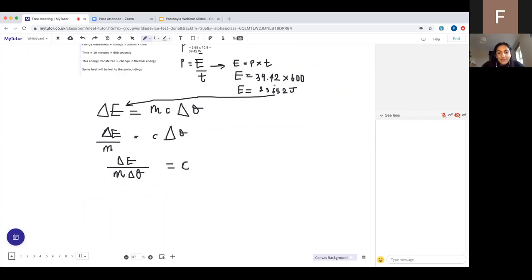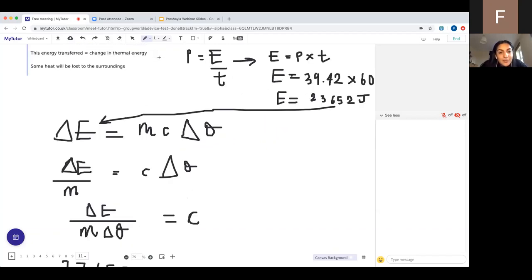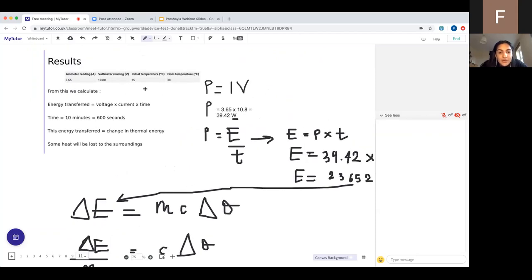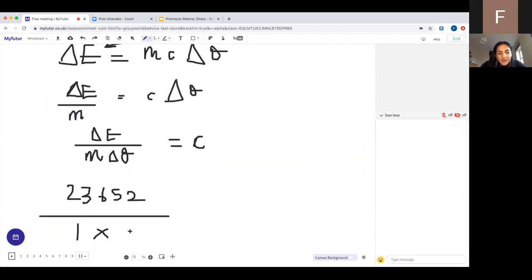So we have that the change in energy is 23652 joules, divided by mass times the change in temperature. Well, we know that mass is just 1 because it's a 1 kilogram block, and the change in temperature is right up here at the top, 15 to 38. So the change in temperature is 23 degrees. So we can put that in as well.